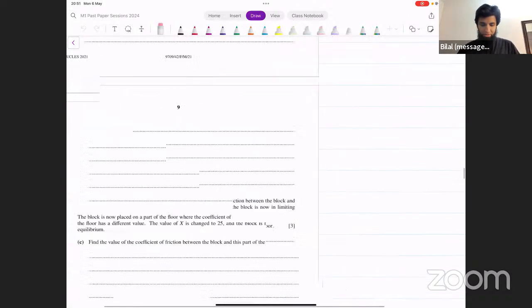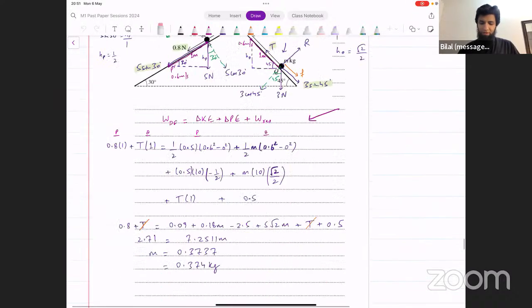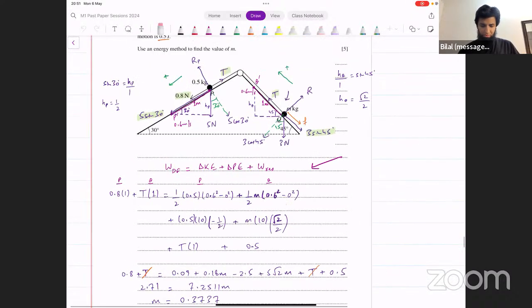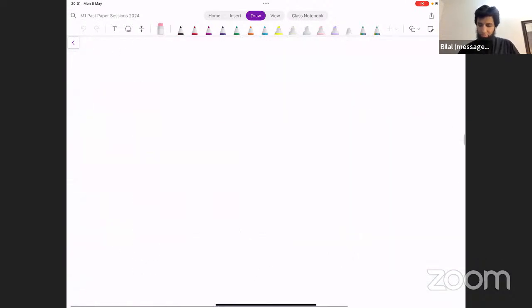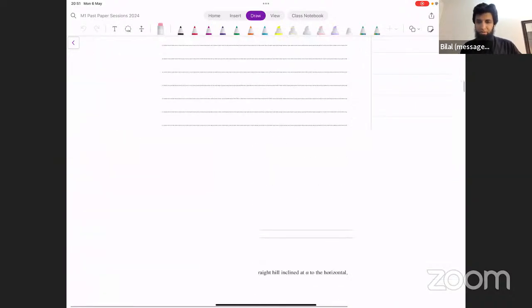Question number 7, part B. Abdullah, we looked at this the other day. When did we do this paper? March 21. On 24th of April. We did this on 24th of April, the other day.